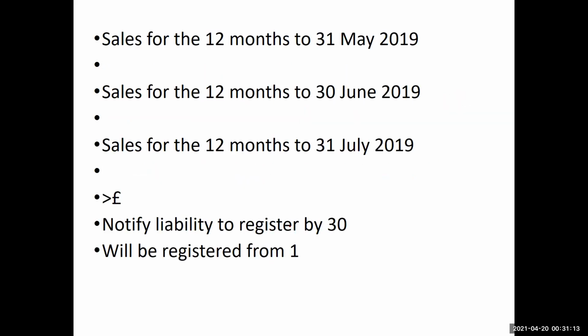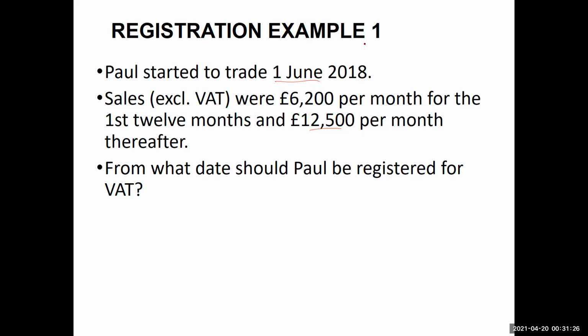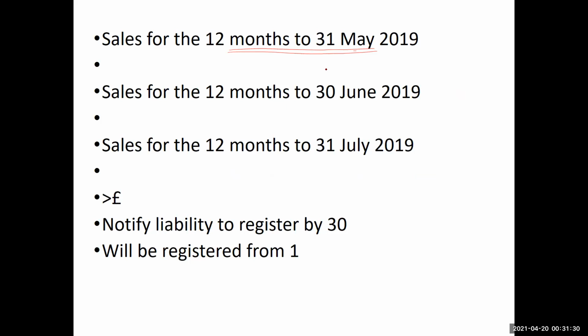Now you realize that sales, let's take a look, for the 12 months up to 31st May. Remember, it started from 1st June, okay? So 12 months from 1st June up to 31st May, what income would he get? 6,200 times 12.